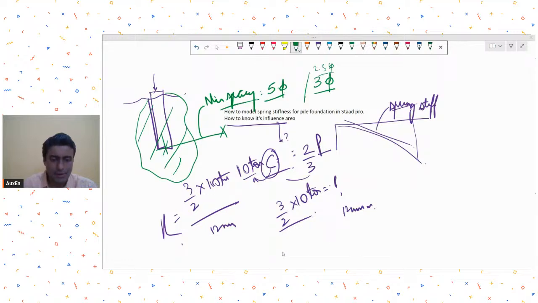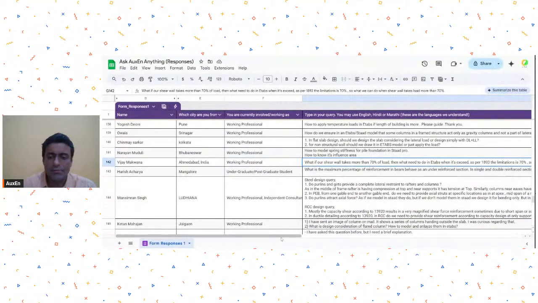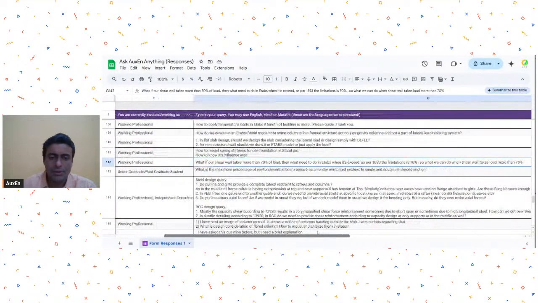Now let's see what other questions we have. So next question is from engineer Vijay Makwana. He is joining us from Ahmedabad. And what is he asking? He is saying, what if our shear wall takes more than 70% load?